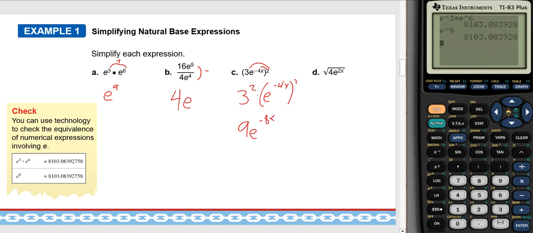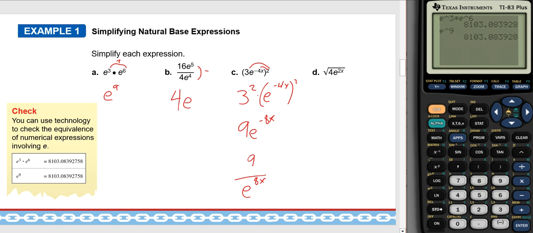And then for a fully simplified answer, this negative 8x would need to go below the fraction bar. e to the 8x is going to go down below the bar. A negative exponent means it's on the wrong side of the fraction bar.